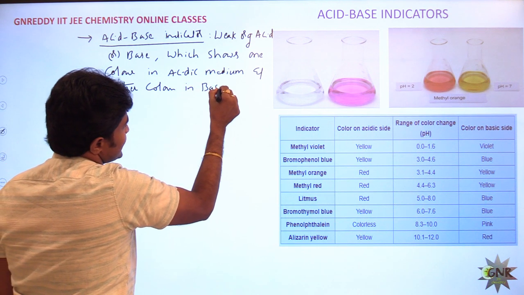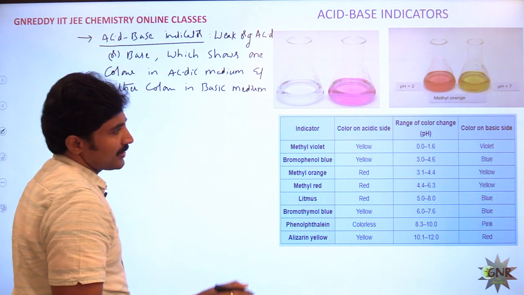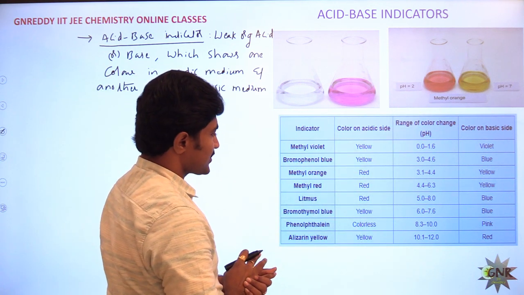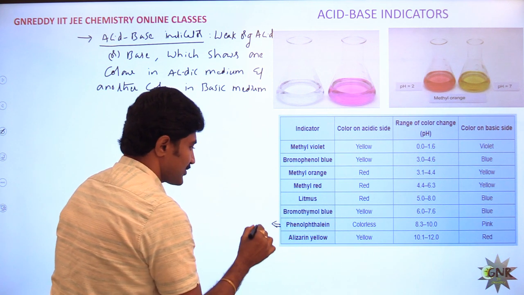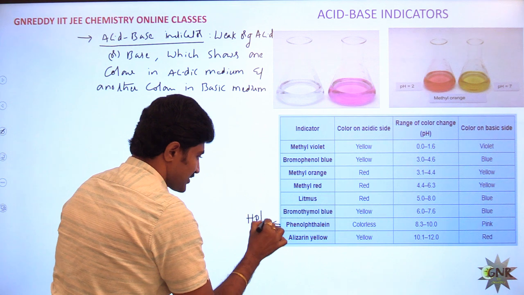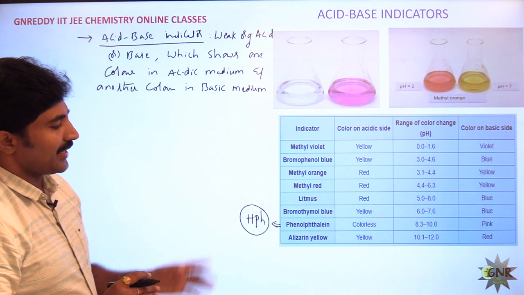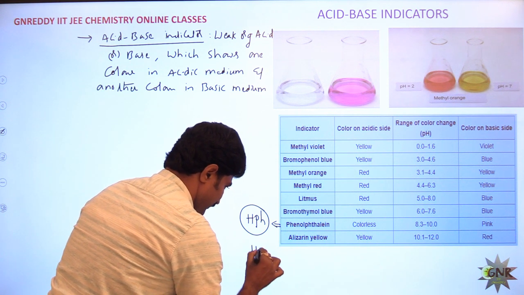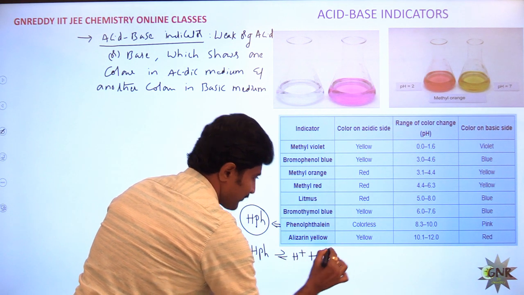So if you look at this example, here I gave phenolphthalein indicator as well as methyl orange indicator colors. If you look at phenolphthalein, this indicator's denotation is HPh. This is the weak organic acid, and this HPh is simply represented as H+ and Ph- ions.